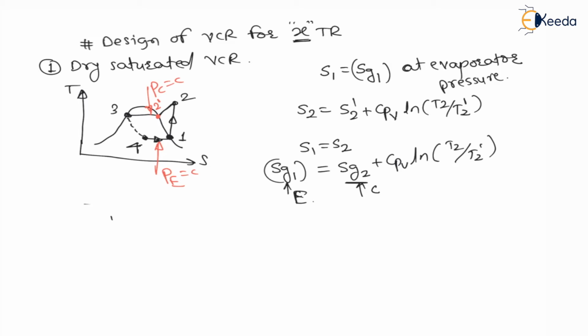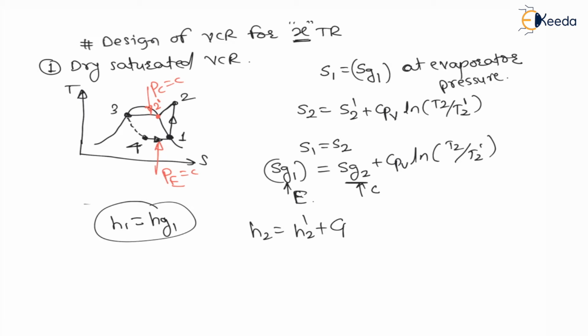Now, again, this H1 enthalpy at 1 is nothing but Hg1, that is we have to check the Hg value from the steam table at evaporator pressure, right? And similarly, to find H2, this H2 is nothing but H2 dash plus, it is definitely more than 2 dash and more by the 2 dash to 2 process, which is a constant pressure process.